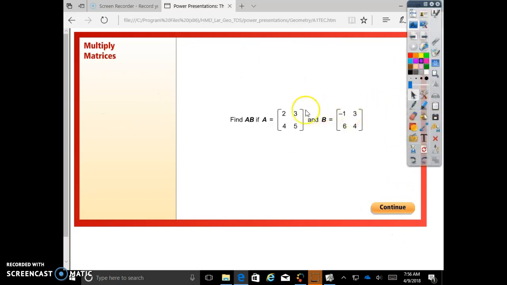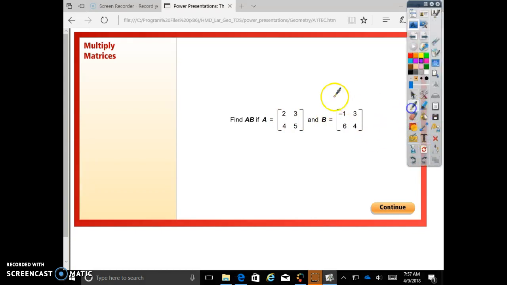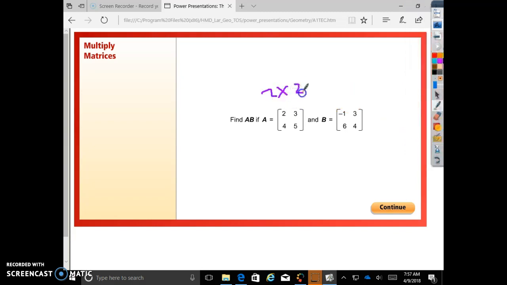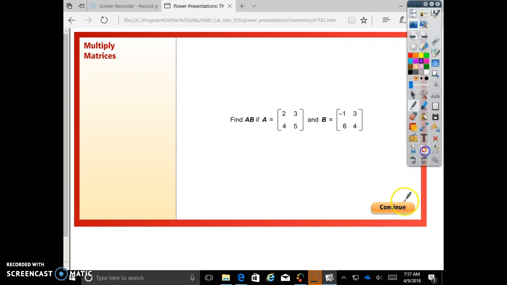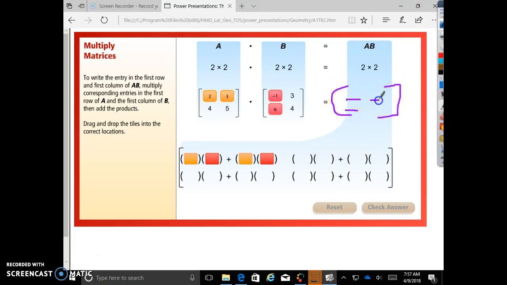So is this one doable? It's a 2 by 2 and a 2 by 2. What is my answer going to be? If I have a 2 by 2 and a 2 by 2, my answer will be a 2 by 2. So the first thing I do is I draw out my answer. 2 by 2, down 2 over 2.